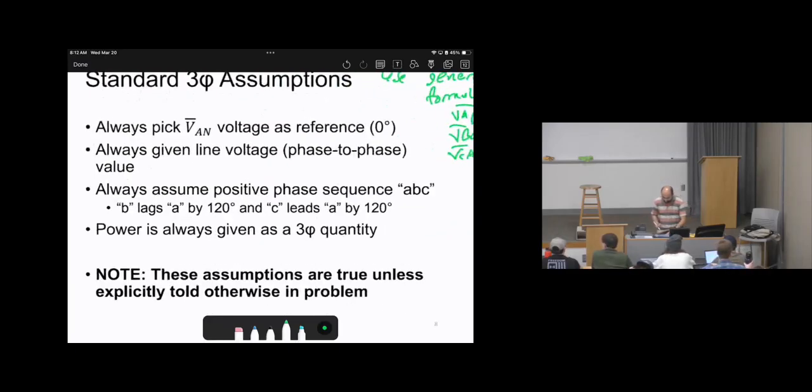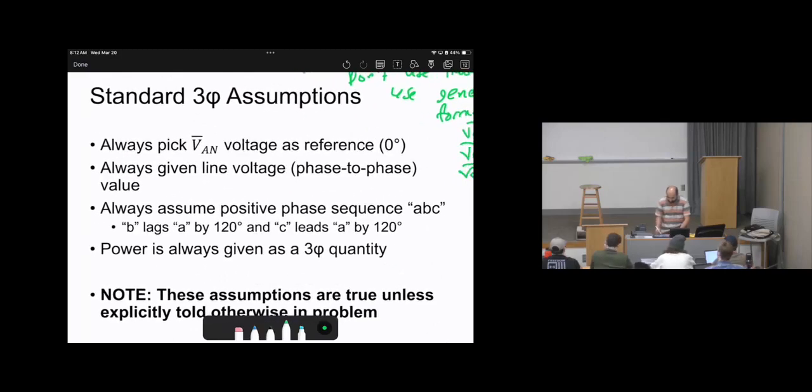So as a standard, to standardize our analysis, every time we will assume phase A as a reference. So we will pick the voltage VAN always with angle 0 degrees, if you have the choice to make this assumption. If it is given to you, don't assume it as 0; assume what's given to you.